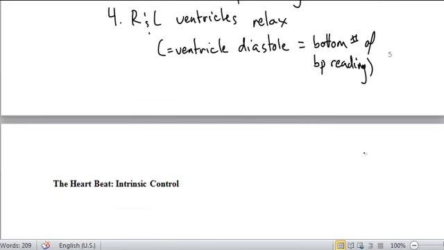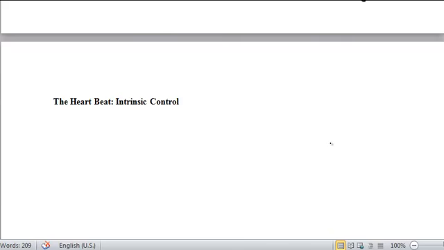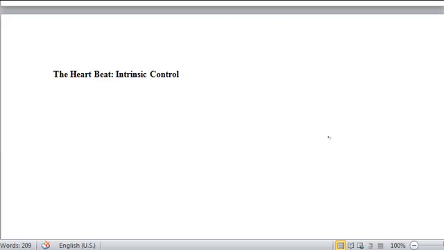Okay. Now your heartbeat, the actual rhythm of your heartbeat, can be controlled by the heart itself or by the nervous system. So when you watch those horror movies or cartoons where someone reaches in and grabs out a heart and it's beating outside the body, that is theoretically possible. It won't do it for very long because it doesn't have enough blood supply, so the tissues will start to die. But it is capable of beating independent of the brain.